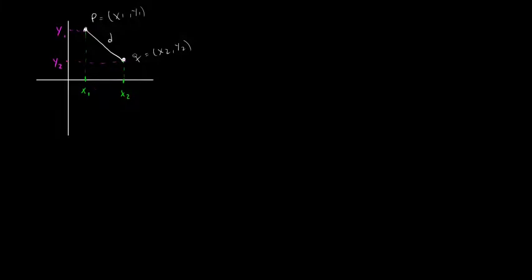So what we can do now is form a triangle with this pink side and this green side. And now we can use the Pythagorean theorem, and this square is going to be equal to the square of the green distance plus the square of the pink distance.